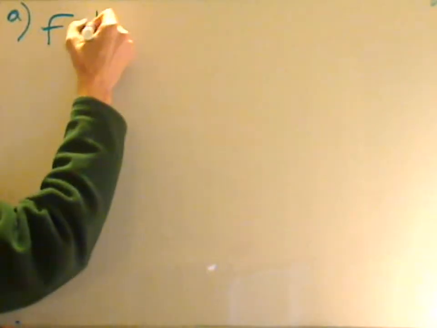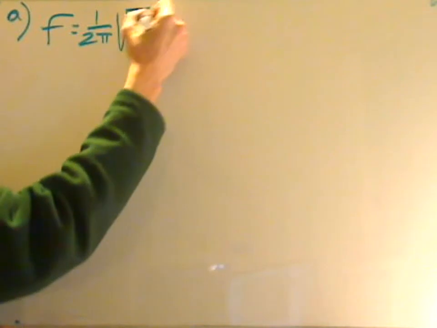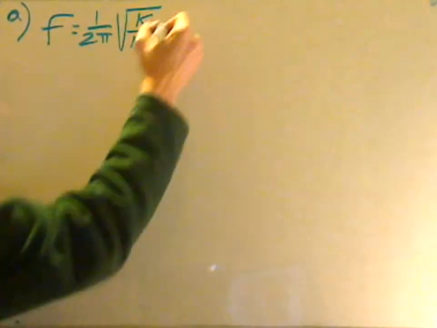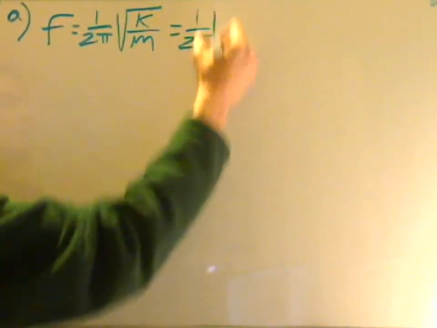is 1 over 2 pi times the square root of k over m. Okay, so we can plug these values in here. 1 over 2 pi.